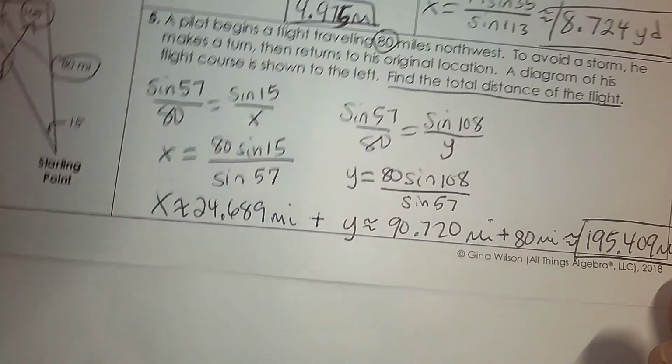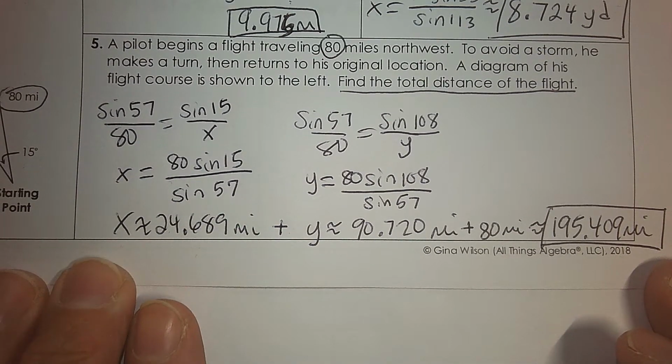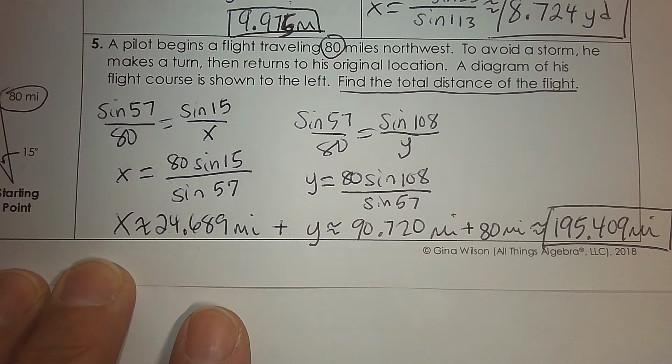So the total length of the trip was about 195.409 miles. All right, when you're ready, turn the page.